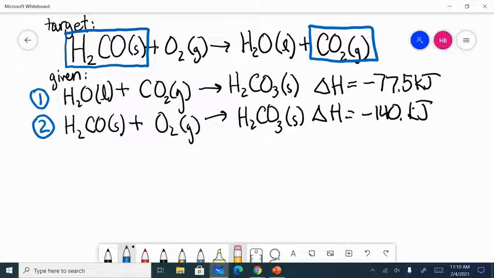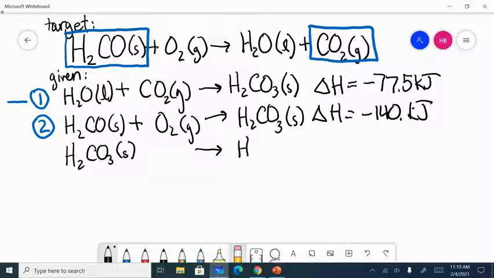Equation number 1 has CO2 in the reactant side, but I need it in the product side. So I'm going to flip equation 1. When I flipped equation 1, I also have to change the sign to positive 77.5 kilojoules.